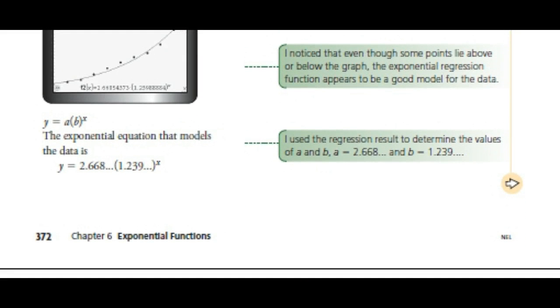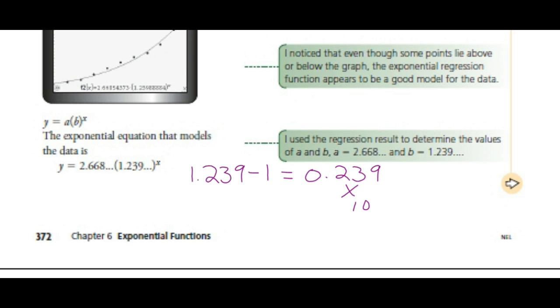Okay, down here. So 2.668, 1.239. So what would the growth rate be there? You go, okay, 1.239. I know it's growth, right? Because it's greater than 1. So we subtract 1 from it. We get a rate of 0.239.